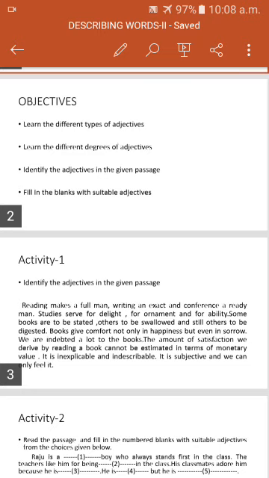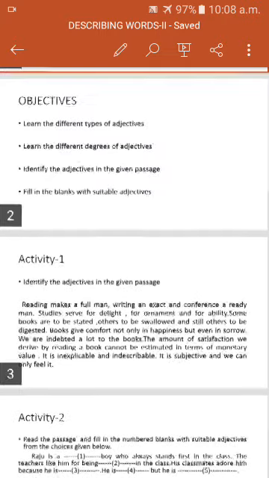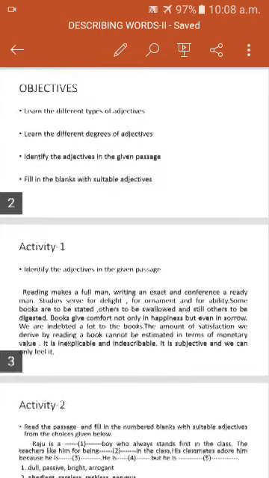Objectives of this lecture: learn the different types of adjectives. What are the different types of adjectives we are going to learn? Learn the different degrees of adjectives. Identify the adjectives in the given passage in the form of exercises, activities. Fill in the blanks with suitable adjectives.